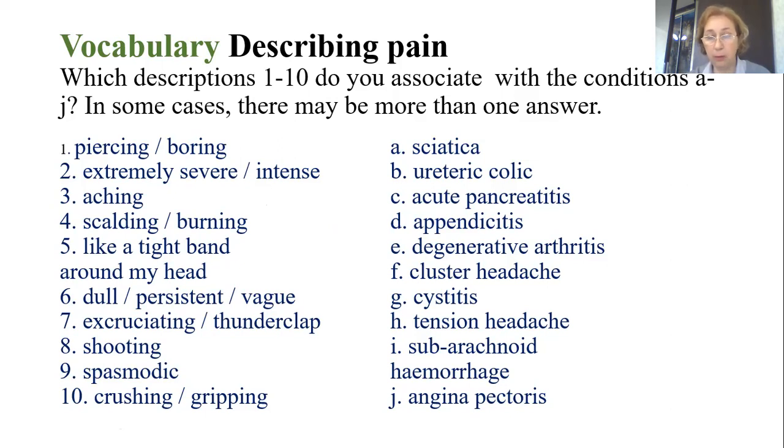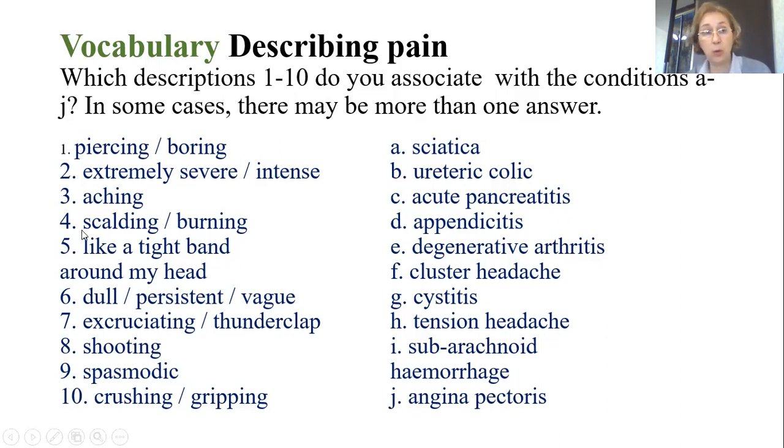If it is piercing, boring pain in the abdomen, it can mean that this is what? Ureteric colic. Okay. I think it will be. If it is in the stomach, can it be pancreatitis? Yes. It can be acute pancreatitis, for example.